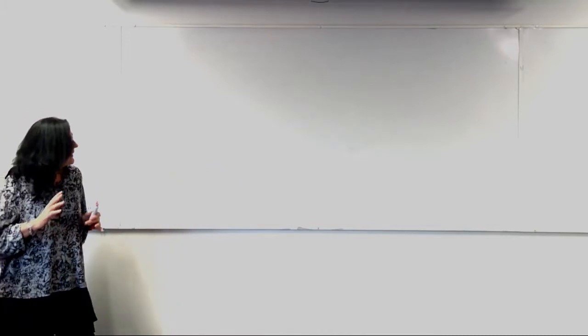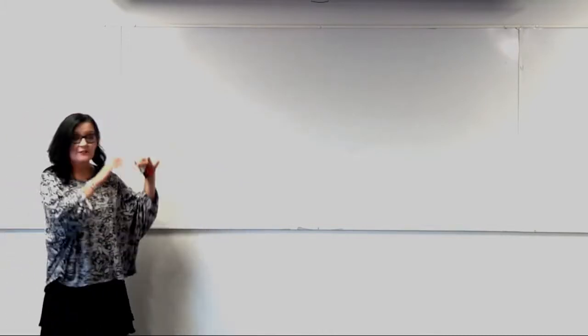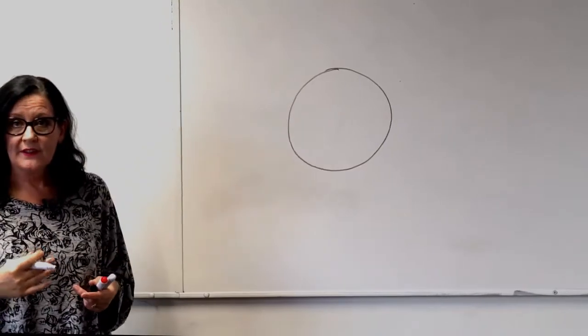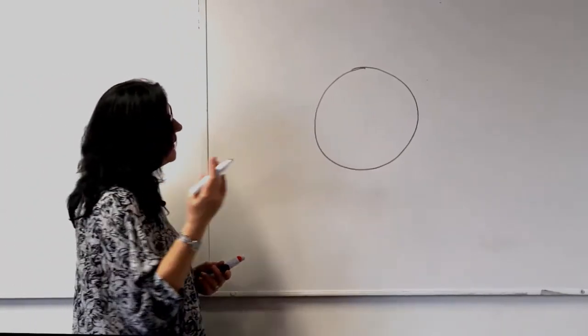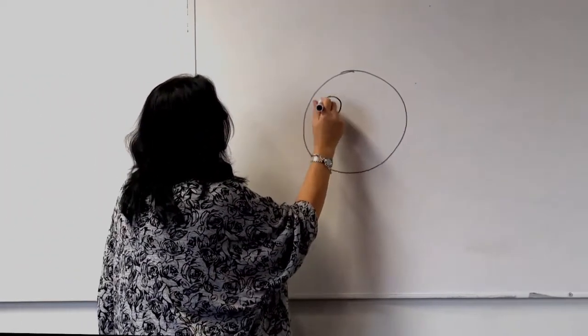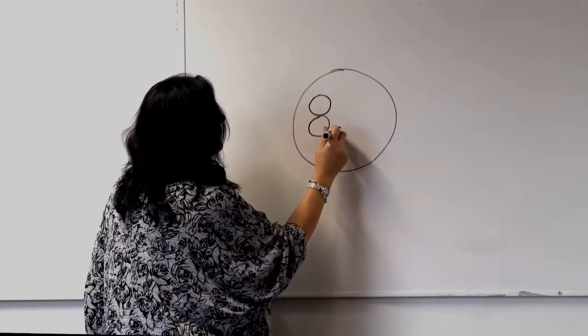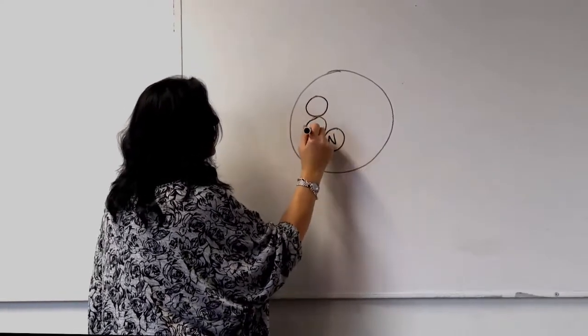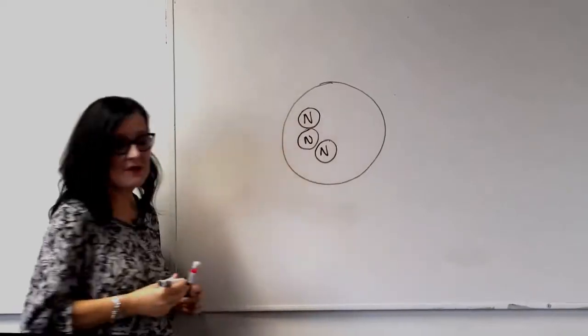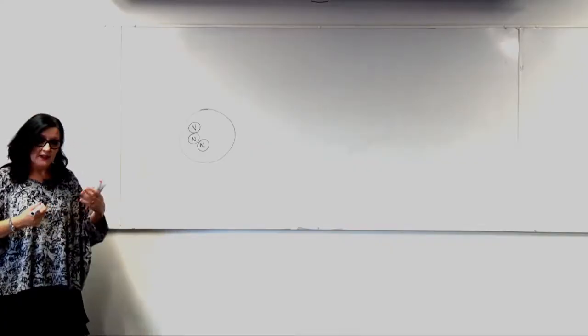Okay, so let's have a look at our atom. As we said, we have a central nucleus. Within that nucleus, we have an equal number of neutrons, which are, as the name would suggest, neutrally charged.